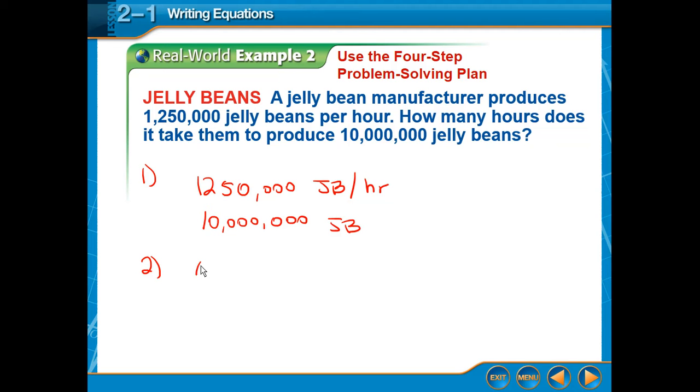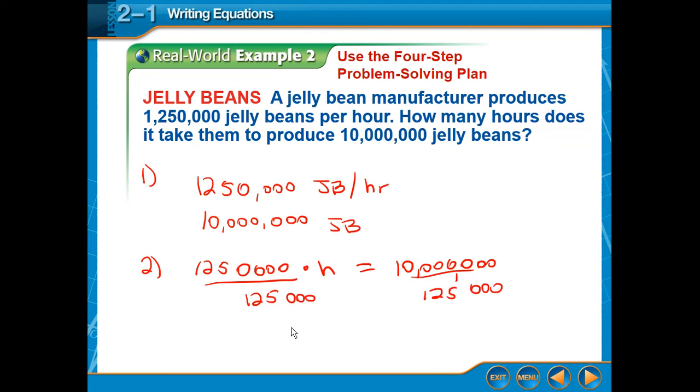Okay, so if we have this and we multiply by the number of hours, we're going to get the total number of jelly beans that we want. So we're just going to solve this for our h. So we're going to divide both sides by this. And we get our hours is whatever that is. Okay, does that make sense?